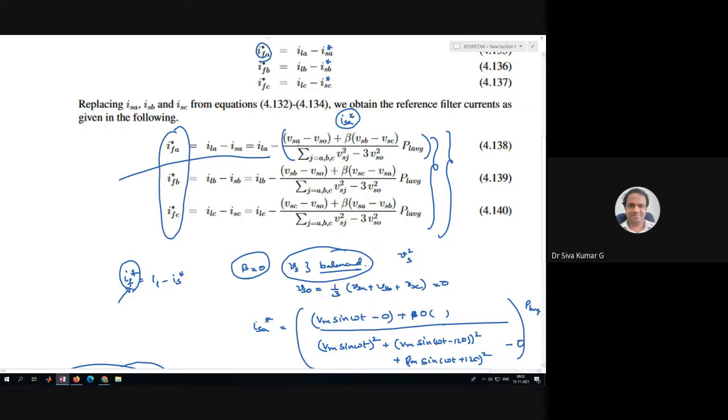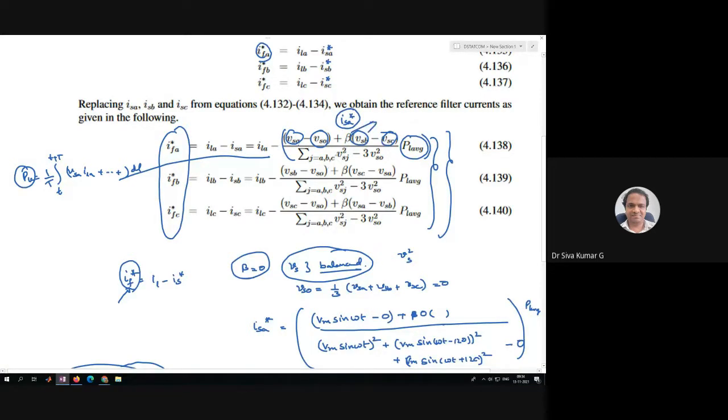We are just estimating the PL average from the load voltage and the PCC voltages with the expression: PL average is 1 by T times the integral from T to T1 plus T of VSA into ILA and all the other three phase expressions dt. We are estimating this and substituting the PCC voltage here, and then the beta is derived.